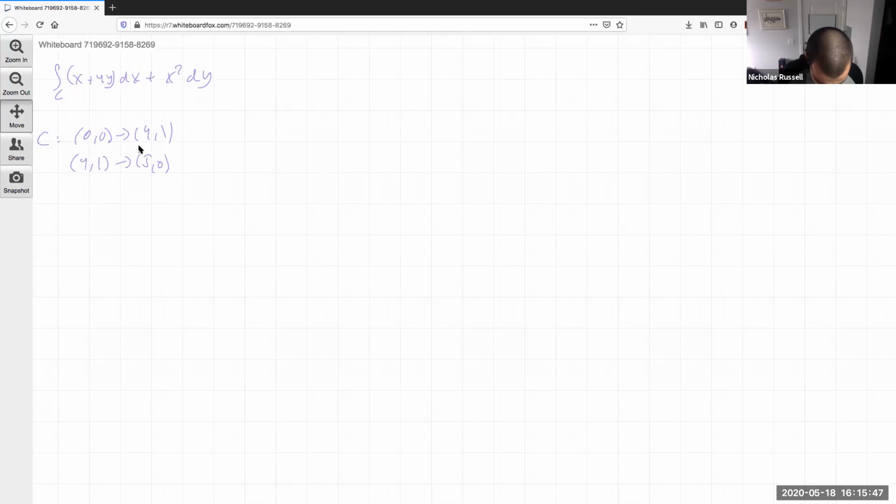The first thing I want to realize, and I might go on a couple of different little mini tangents here before we get into it: when I'm doing any of these types of problems, I want to at least know what this is physically representing. This represents something of the form P dx plus Q dy over a curve. What's important to note is this is the same exact thing as a work integral, where my vector field here is (P, Q).